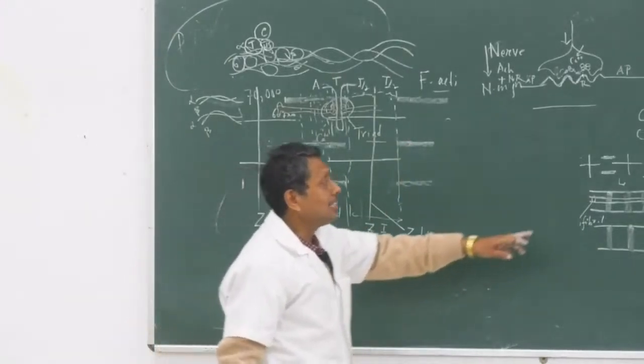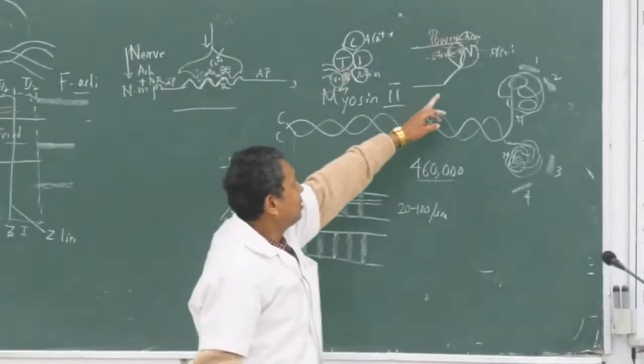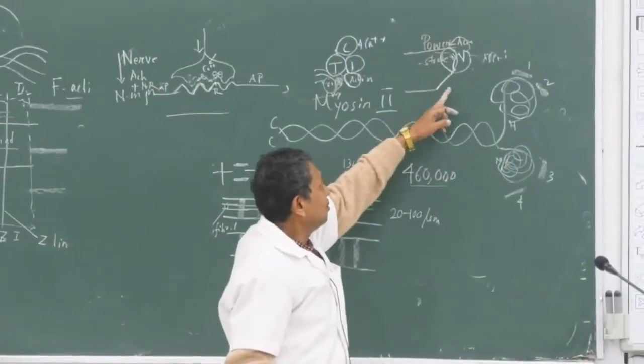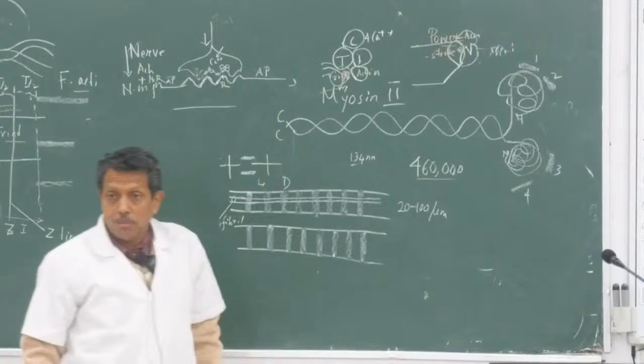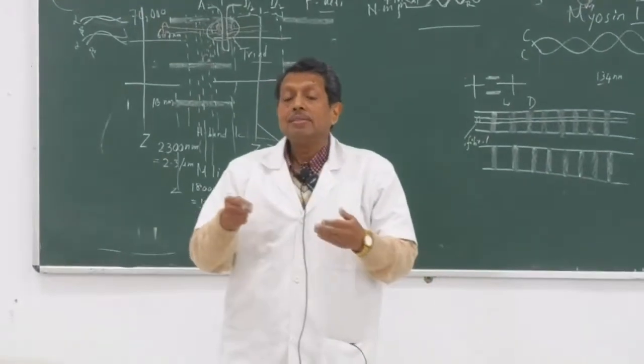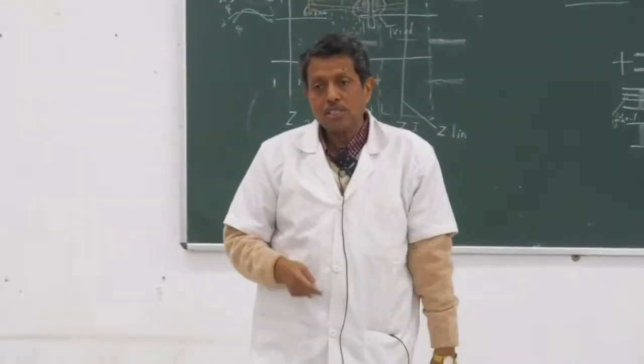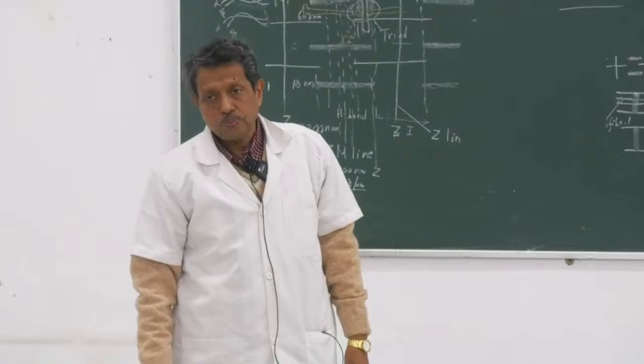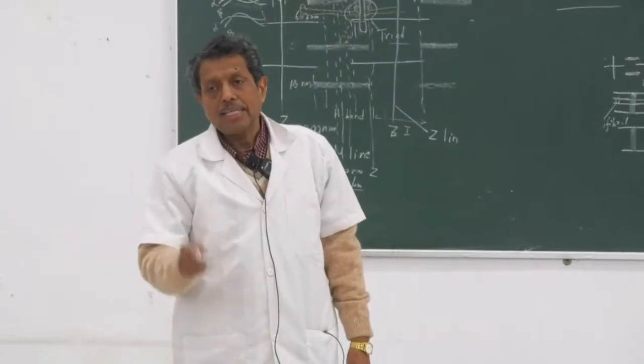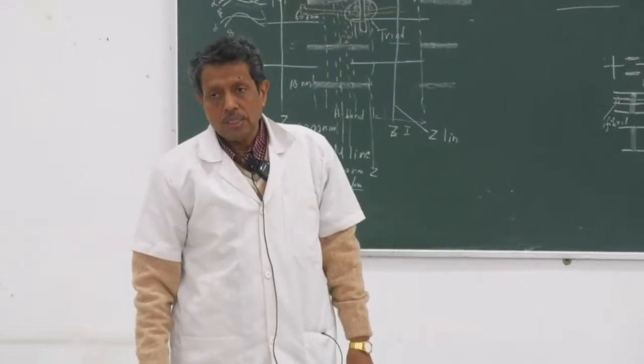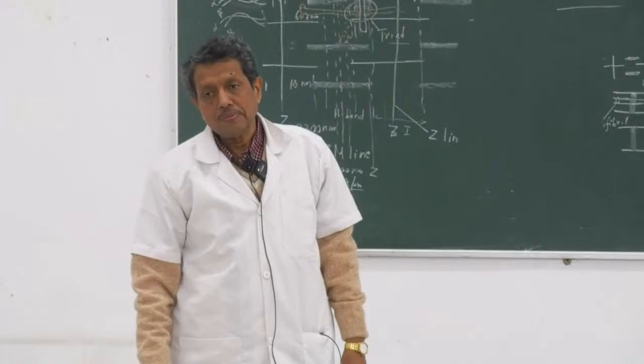And when calcium ion binds with the troponin C moiety, the binding site of the myosin head is exposed, and the myosin heads undergo contraction. In this way, force can be generated.